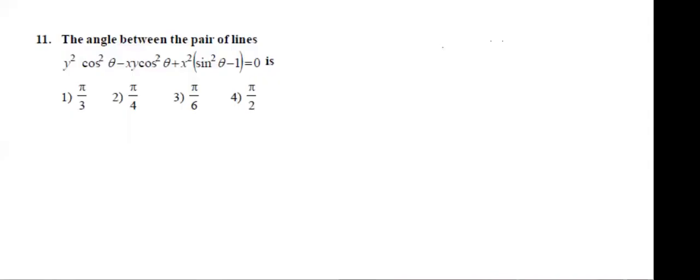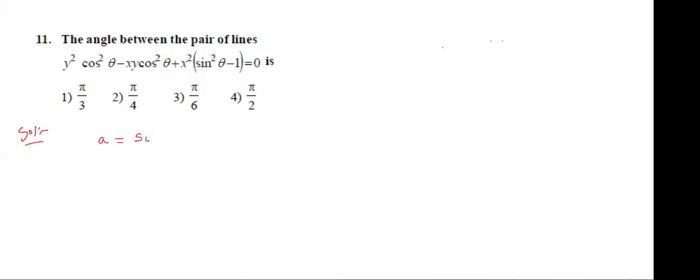The angle between the pair of lines y square cos square theta minus xy cos square theta plus x square into sine square theta minus 1 is equal to 0. So compare with the general pair of lines ax square plus 2hxy plus by square is equal to 0. Then what is the a value?